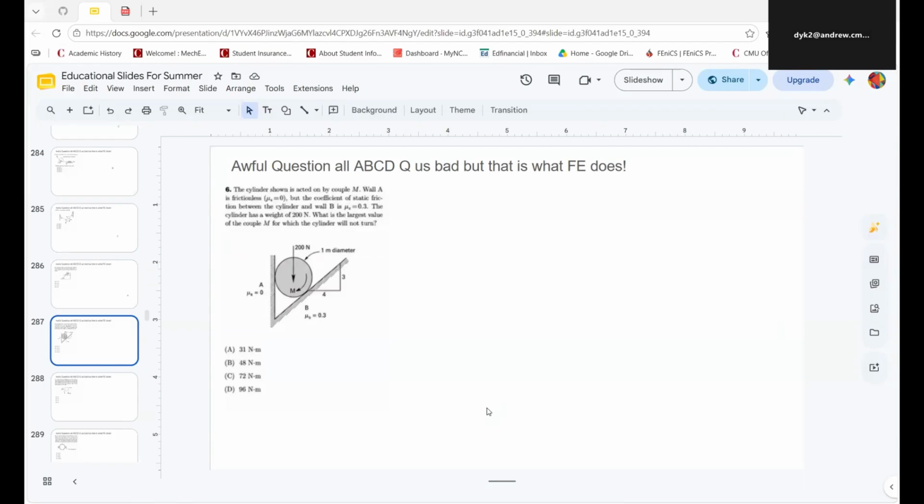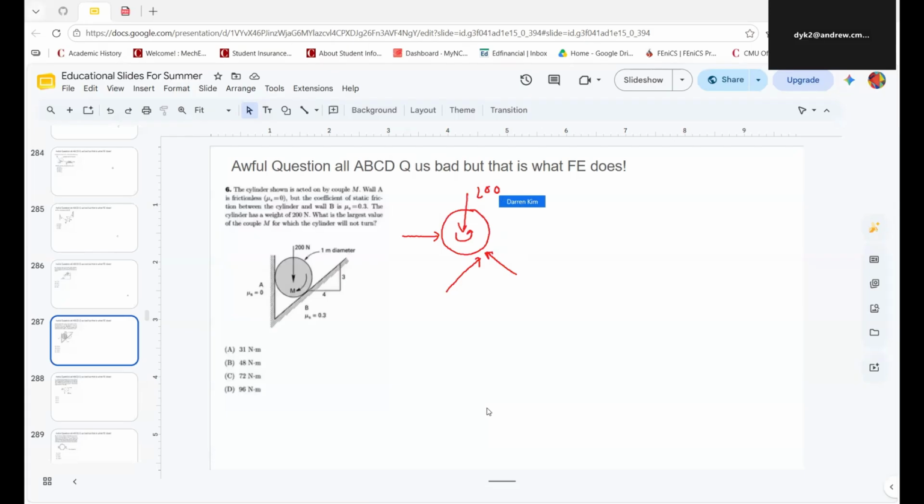I think how it's done is that we have to convert the moment into basically a force. So there's a normal force this way, a normal force that way, and a friction force that way, and there's a 200 over here, and a moment over here.